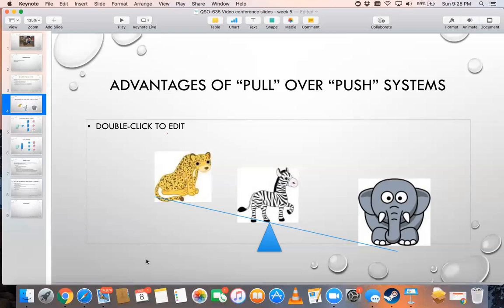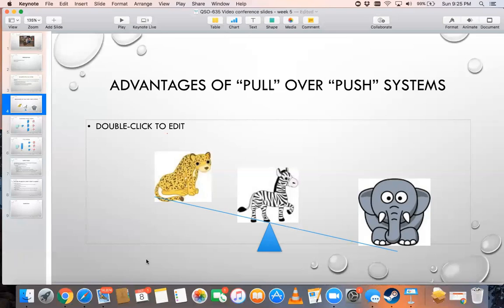That's fine. So now the problem occurs when zebras become cheetahs, and also when elephants become cheetahs and vice versa. When zebras become cheetahs, the forecast lags for a small amount of time before it finally detects a change in demand.